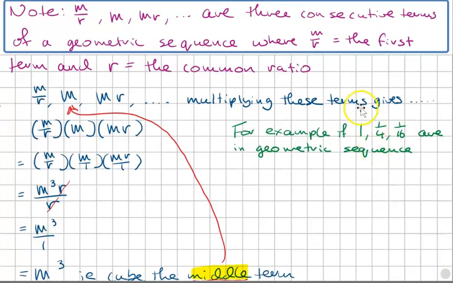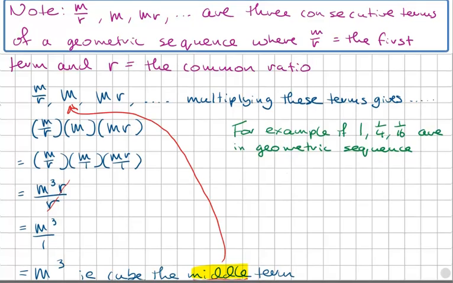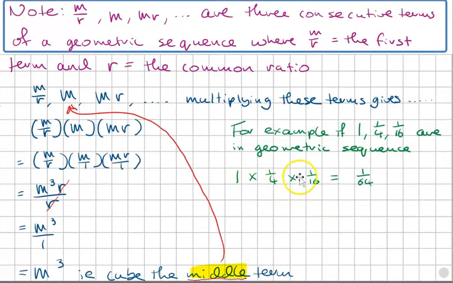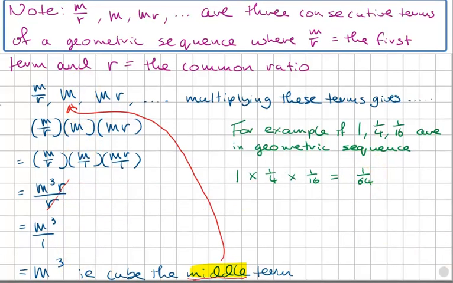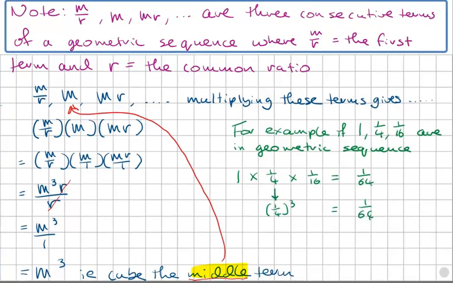Let's take another example. Let's say we have 1, comma a quarter, comma 1 over 16. So again, we have a geometric sequence. Multiplying the three consecutive terms gives us 1 over 64. So if we cube the quarter, we should also get 1 over 64 if this rule is true. And it is.